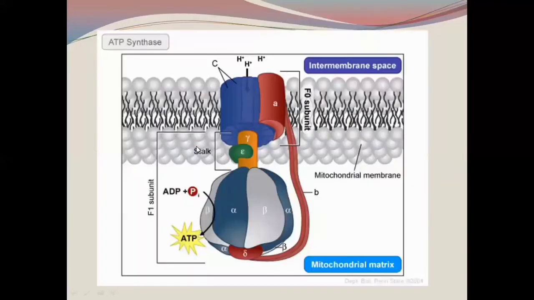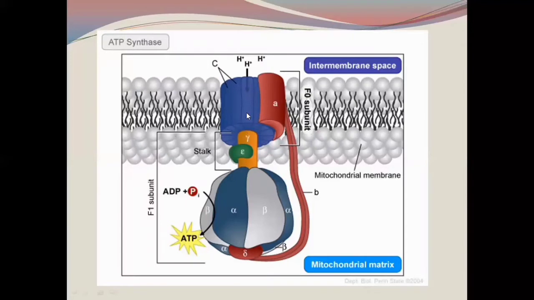As I told you, by the transfer of these protons into the matrix, rotation occurs in the C part, and as a result, the rotation also occurs in the gamma part, because the gamma part is connected to the C part. The rotation occurs only in these two parts, and the other subunits of the ATP synthase are static, they don't move.